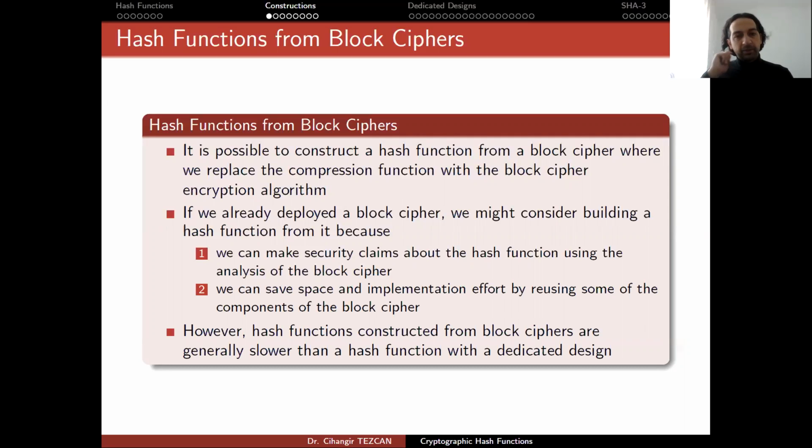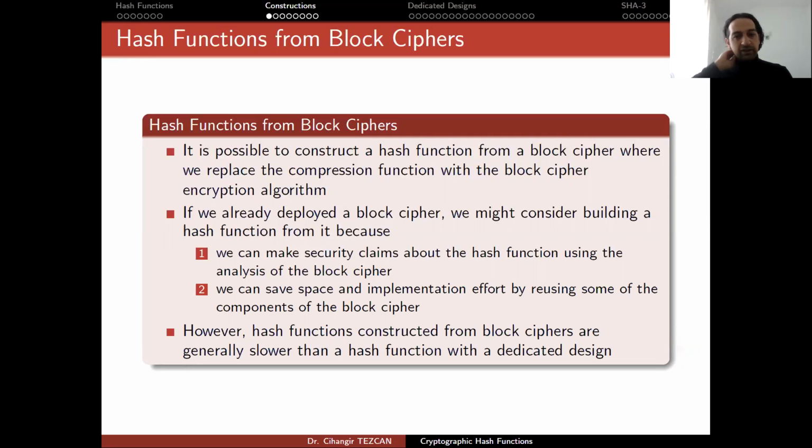This is important because dedicated designs like MD4, MD5, SHA-1, SHA-2, SHA-3, which we are going to see in the future, are somewhat faster than most of the block ciphers because they are designed to be a hash function, not a block cipher.